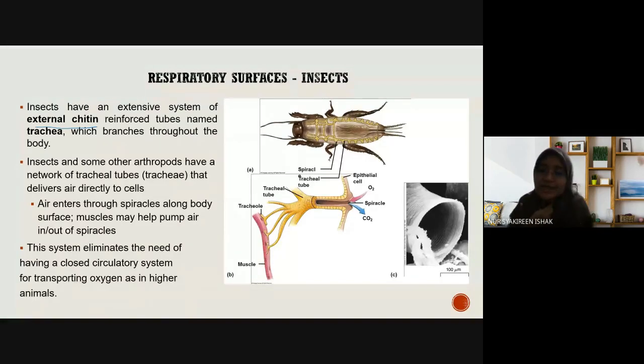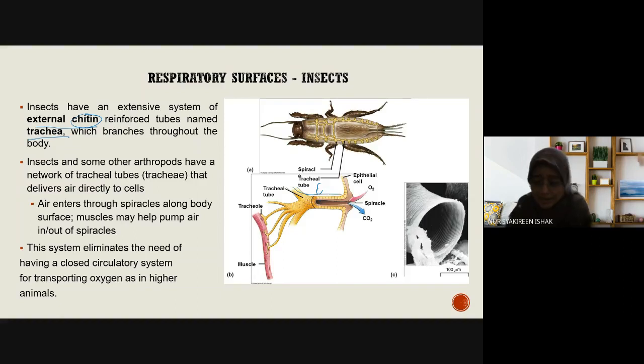Kalau kita sampai trachea je lah kan, dapat from your nose into your nasal cavity, into your trachea, into your lungs. So the trachea is for human, for example, they are made up of cartilage. Okay, but for insects, they are made up of chitin. Okay, so these are made up of chitin.